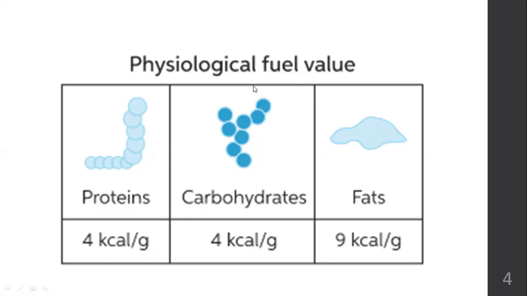This is the actual amount of energy available from food for use by the body after digestion, absorption, and metabolism. Only then do you get these calories. It is expressed in kilocalories per gram.